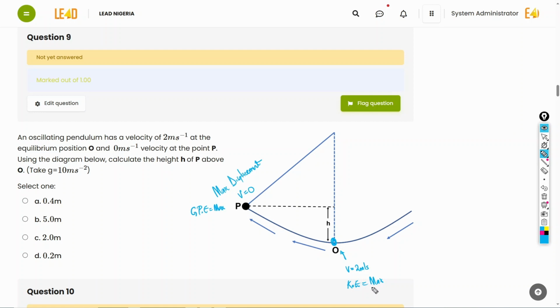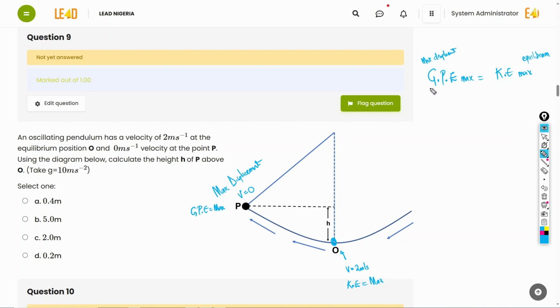So what happens is that due to the law of conservation of energy, the maximum potential energy is equal to the maximum kinetic energy. So we have GPE max is equal to KE max. This KE max occurs at the equilibrium or rest position, while the GPE max occurs at the endpoints, the points of maximum displacement.